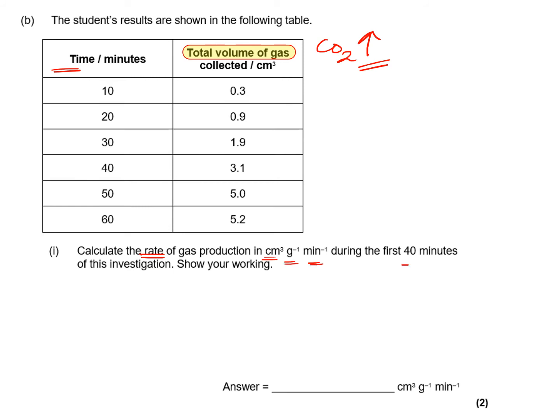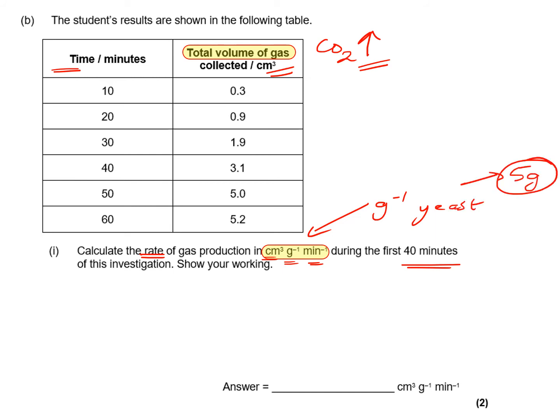And that's during the first 40 minutes of the investigation. So if we look at the units then, it's going to be the volume of gas per gram. So we could say per gram of yeast. Now we know in the question we were given 5 grams. So whatever value we're going to calculate, we're going to divide it by 5 to get per gram.